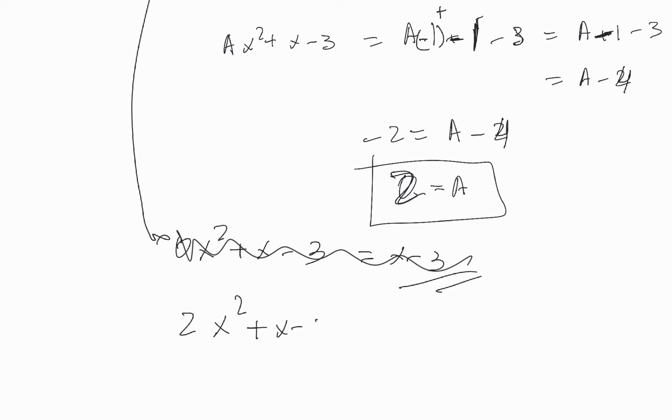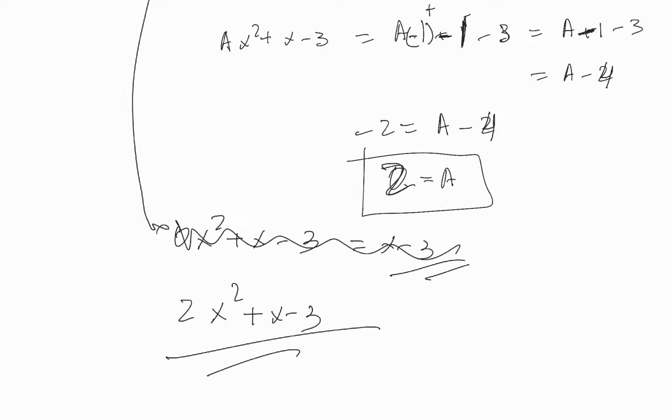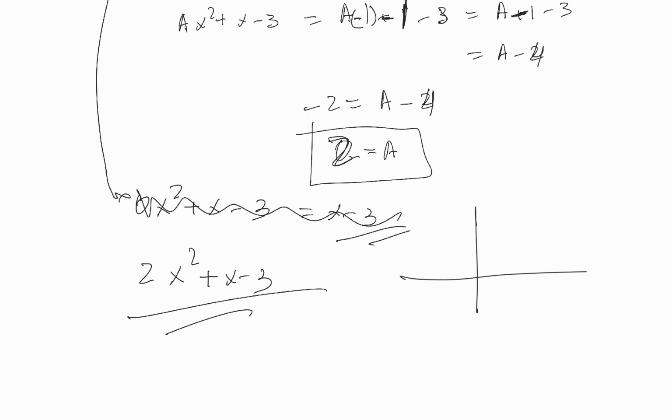plus x minus 3. And this function makes it possible that when you graph the two functions, the rectilinear line and the parabola, they will have the same value at the point x equals minus 1. So x equals minus 1 is here. I should have drawn the picture from here, like this.